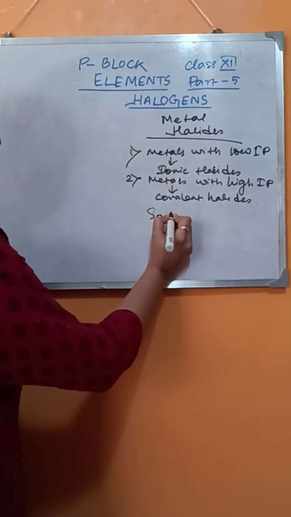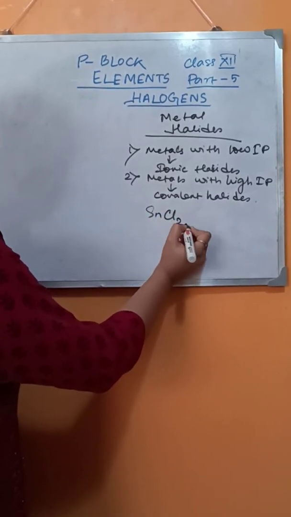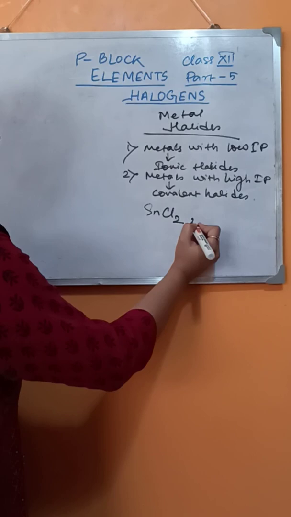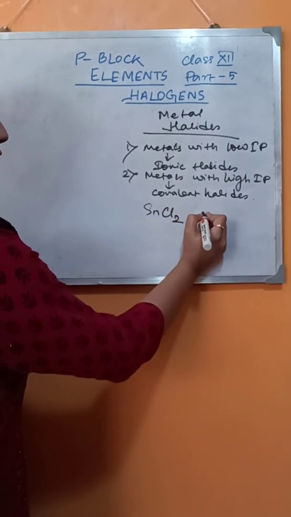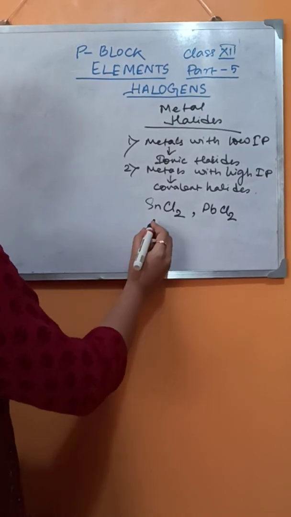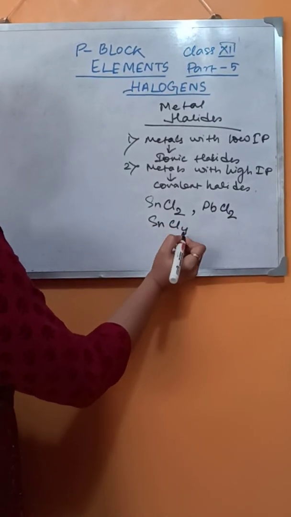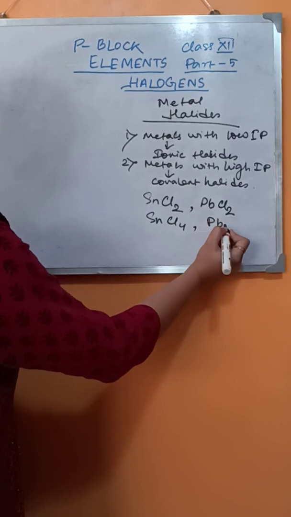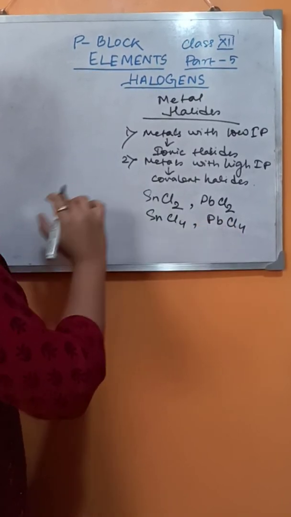For example, tin presents a +2 oxidation state forming SnCl2. PbCl2 also is formed in +2 oxidation state. SnCl4 is formed in +4 oxidation state. PbCl4 is formed in +4 oxidation state.